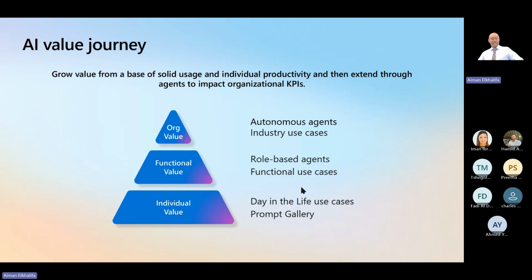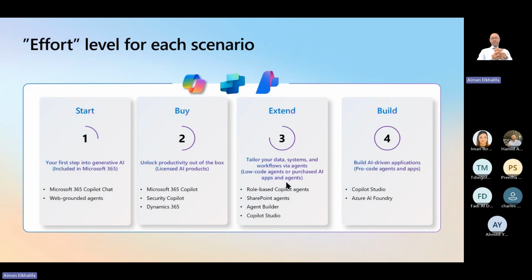This will drive the appetite and will allow us to extract the value for the organization, where we look at what processes we can automate in a way where we reach autonomous agents. And I will tell you the difference between agents and autonomous agents. This is the value journey that we will go through.